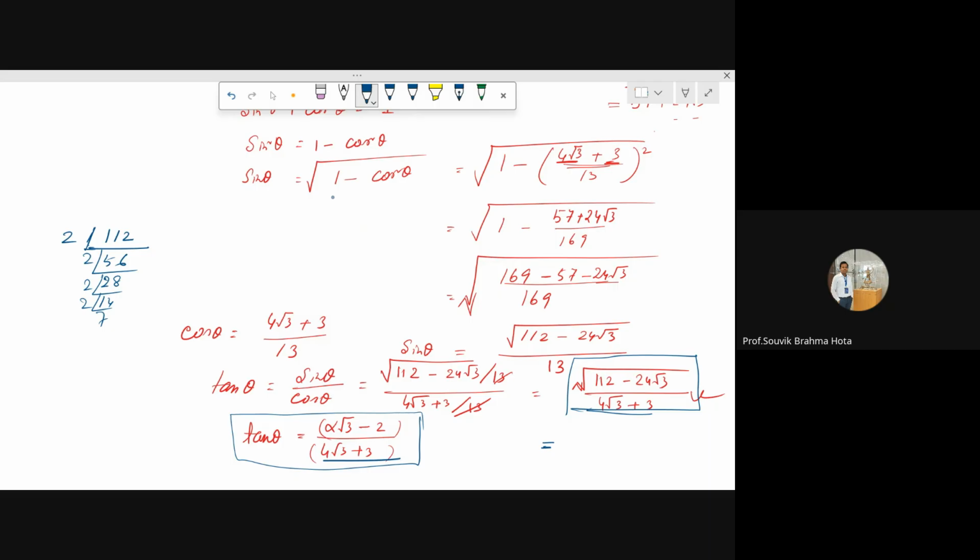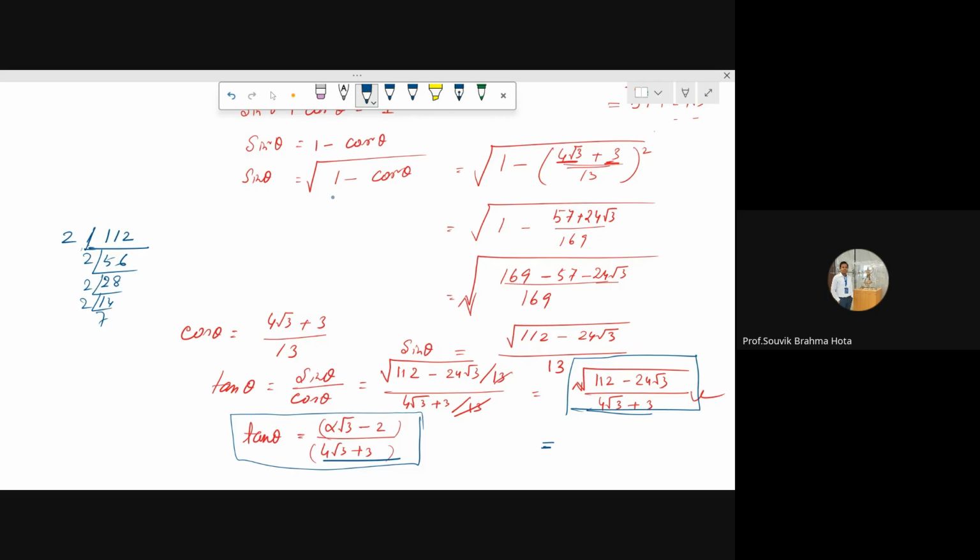12, 12, 24 is there. 24 root 3, yes, 24 root 3 is also there.